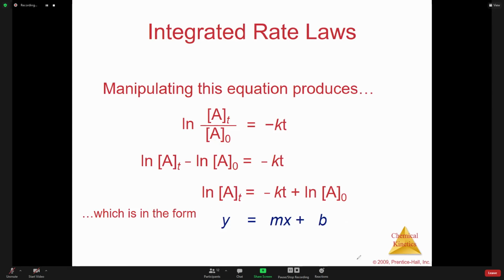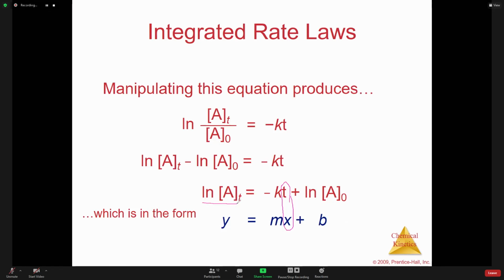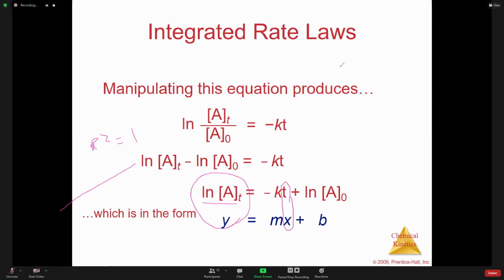If it's first order and you graph time on your x, and you take the natural log of the concentration at all these different times, time being your x, natural log of how much you have at that time as your y, and take a bunch of points and graph it, and you get a nice r squared close to 1, then you know, oh, it's first order. Beautiful. And we'll see that on the next few slides. You can find graphically what your k constant is, because negative k is equal to your slope.